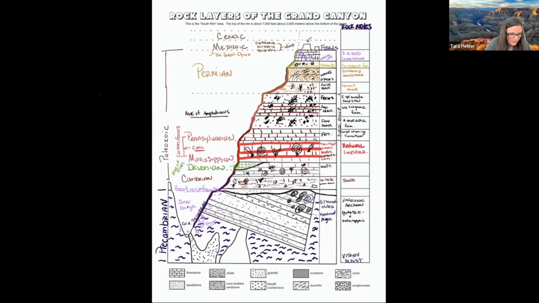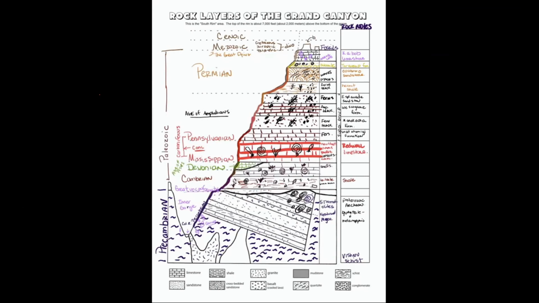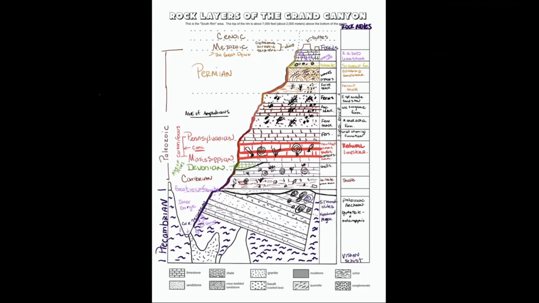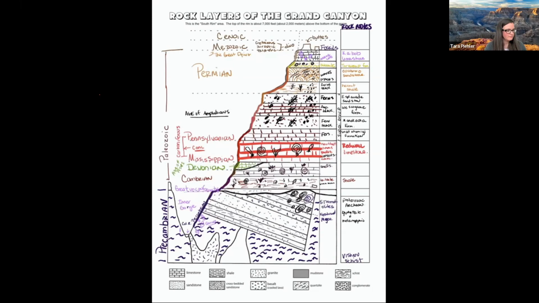Looks like a mountain or a fault. They're called buttes. So that's what's left is the buttes of that time period. So there are zero dinosaur fossils in all of the Grand Canyon, because at the top there's only the buttes that remain.